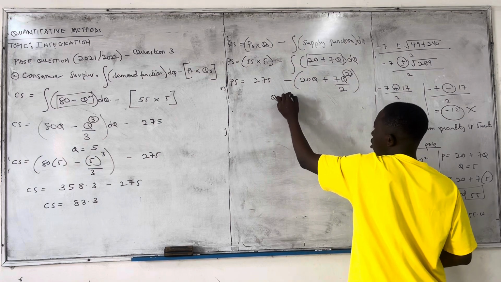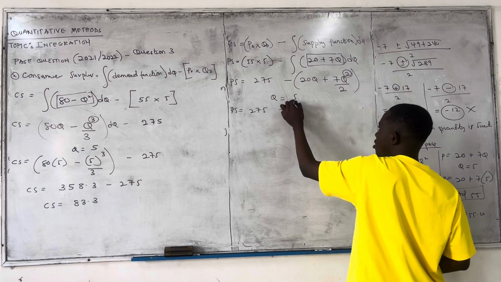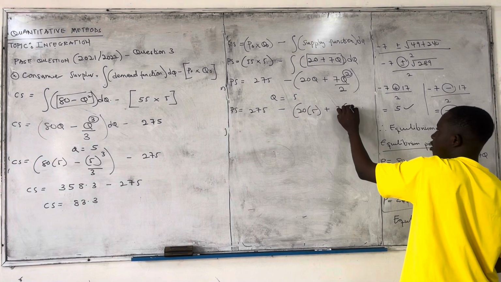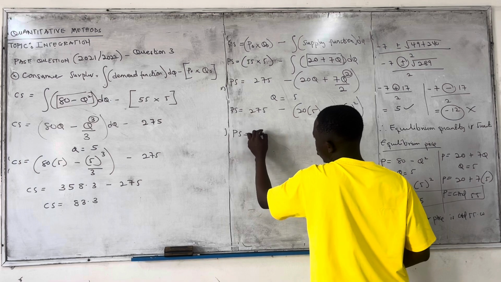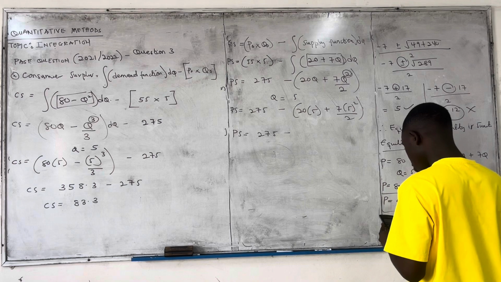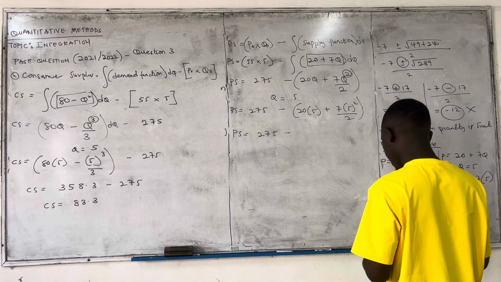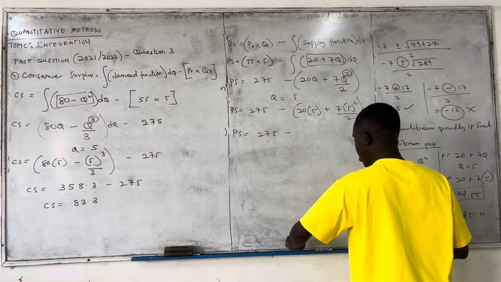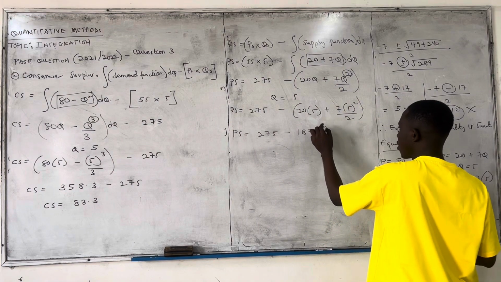So where Q is equal to 5, PS is 275 minus 20 times 5 plus 7 times 5 squared divided by 2. This gives us 187.5.